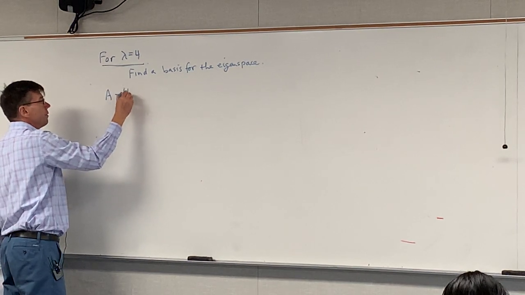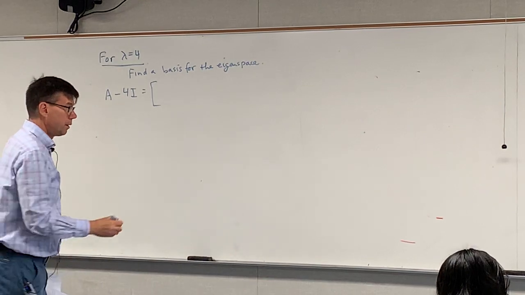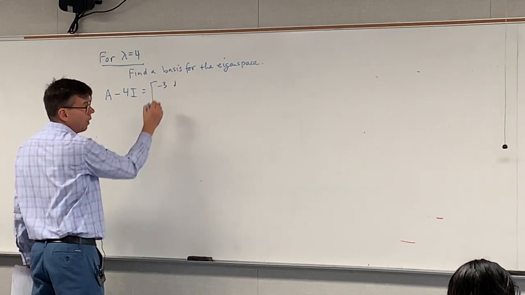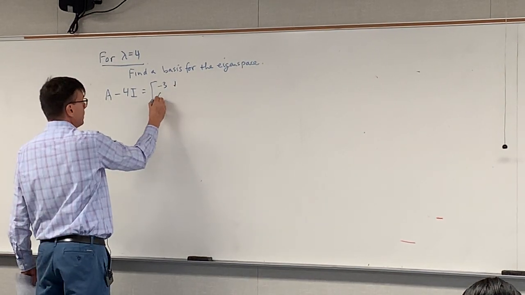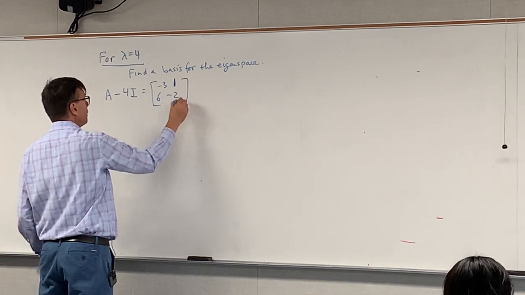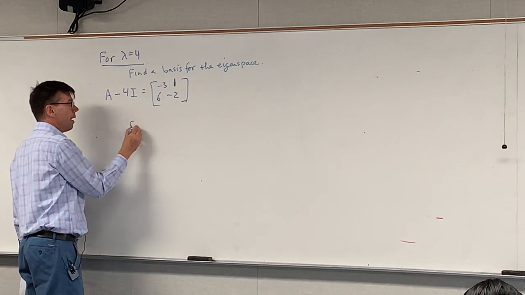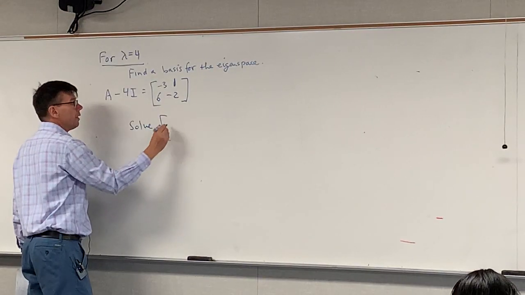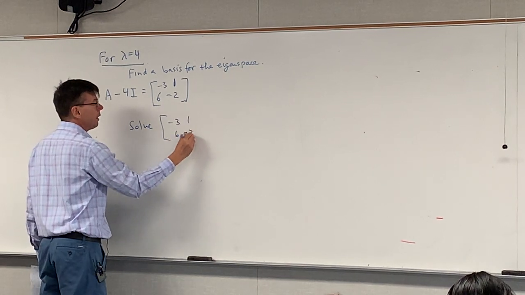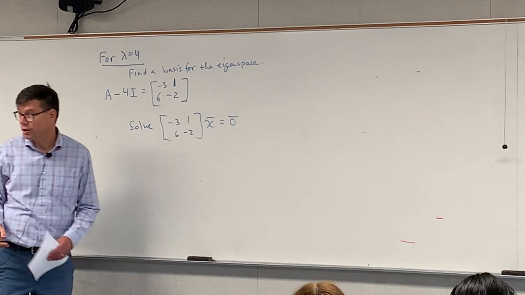A minus 4I is going to be negative 3, 1, 6, negative 2. So solve negative 3, 6, 1, negative 2, x equals 0, solve that homogeneous equation.